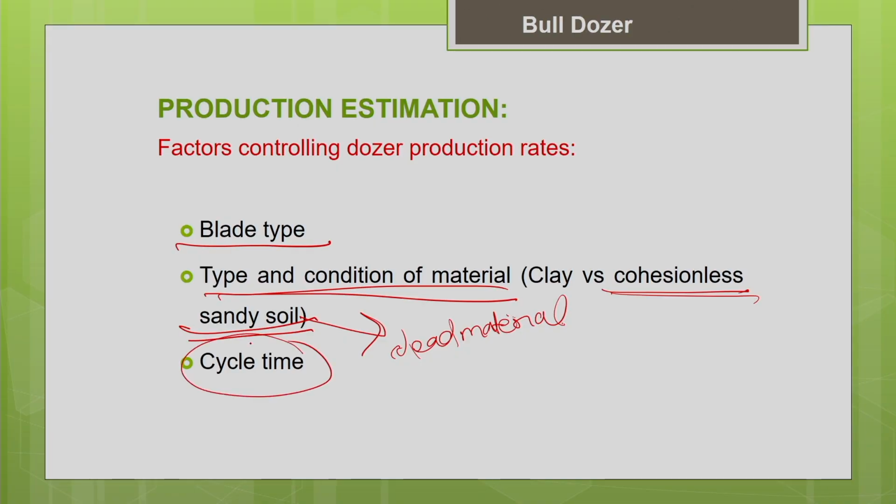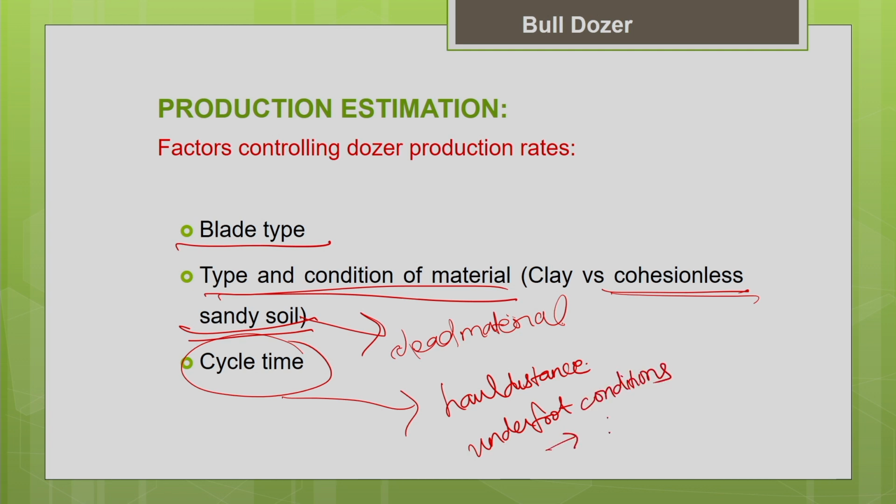Then the cycle time. The cycle time depends upon how much distance you are going to travel, the haul distance, and which route you are adopting. The condition of that haul route, the project conditions, the underfoot conditions, is going to affect your cycle time.